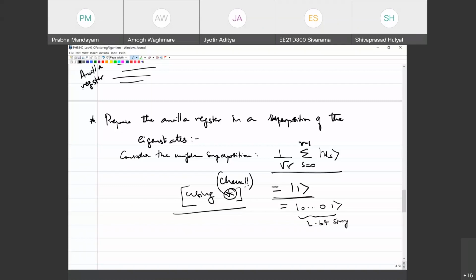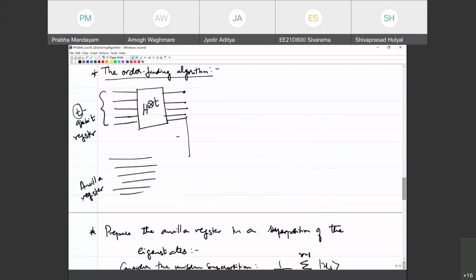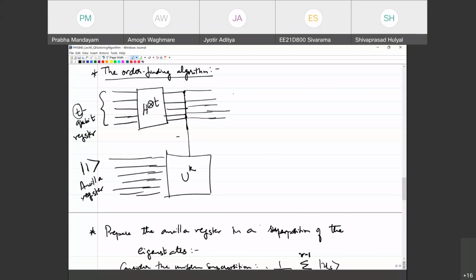So we can prepare this ancilla register in a simple state, namely the ket 1 computational basis state, and then you do all these controlled unitary operations. Then you proceed with the phase estimation algorithm as usual, which is you do the inverse Fourier transform and then measure.